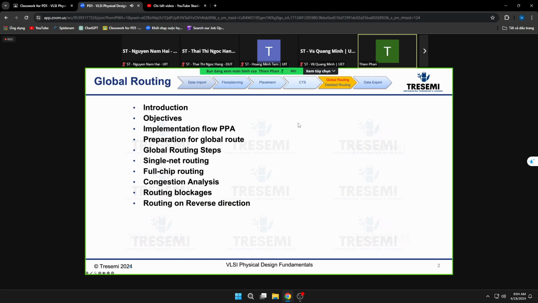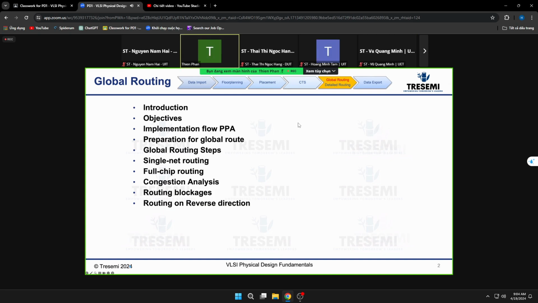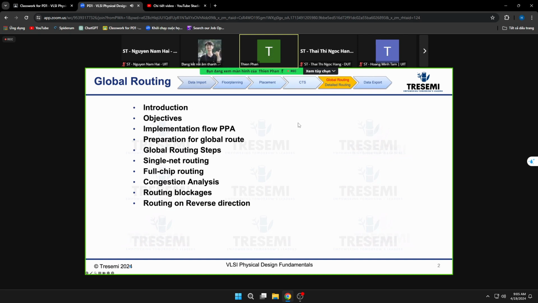And then we look at what exactly, underneath, are the steps that the global router tries to do. Some of it is not very important, but I think it's useful to know, because when talking about routing, we're curious how the computer actually connects the nets, how it actually thinks. So we look at some of the basic ones, because we don't want to go too deep; that's purely math and computer science stuff.